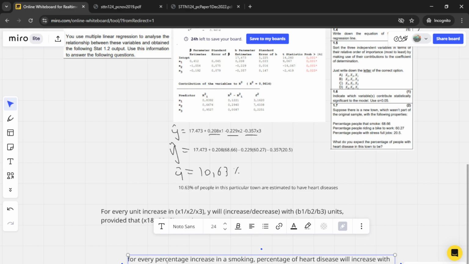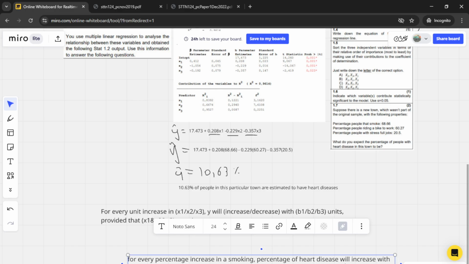For every percentage increase in smoking, percentage of heart disease will increase with 0.208%, provided that biking percentage and stressful job percentage remain constant.